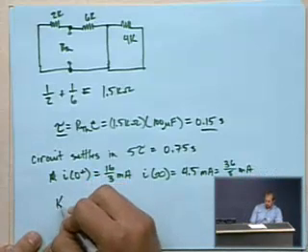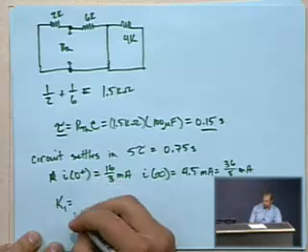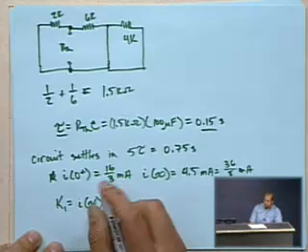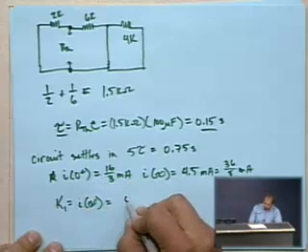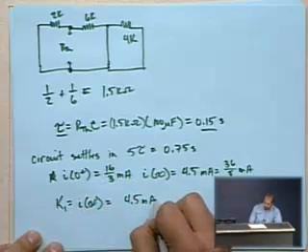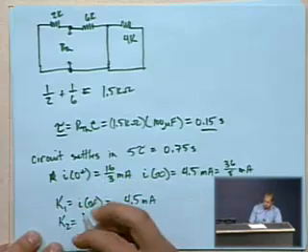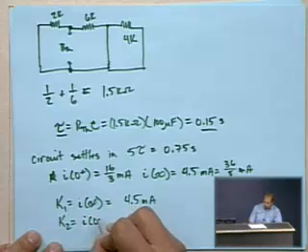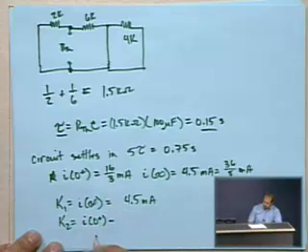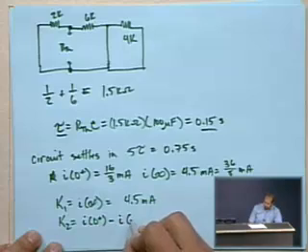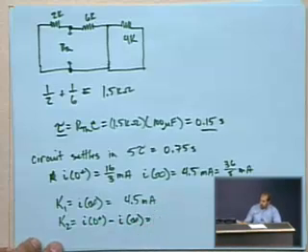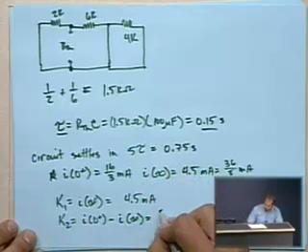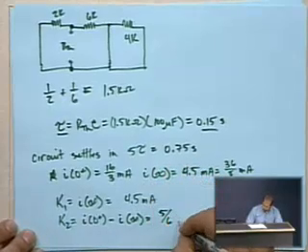And so K1, our constant K1 in our form, is just I of infinity itself, so that is just the 4.5 milliamps. K2 is I of 0 plus minus I of infinity, and that works out to 5/6 of a milliamp.